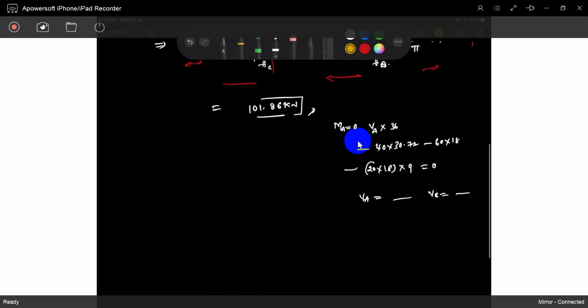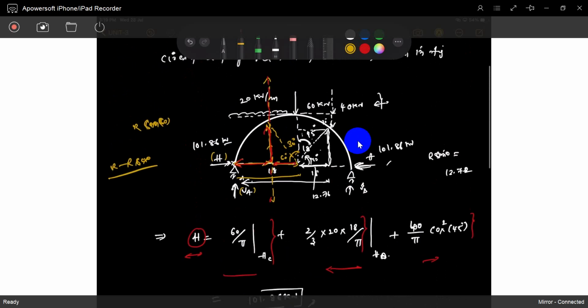You have to take H equal to the integral of M y ds divided by the integral of y square ds throughout the length, and solve this equation. You will get the H value without using the W and P loadings. Directly take these loadings, and the R value is also given, so you can directly take the values and solve it.